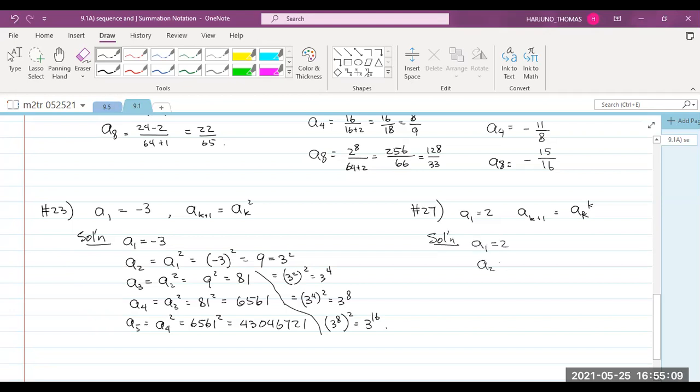The second term is the first term to the 1. The third term is the second term squared. The fourth term is the third term cubed.